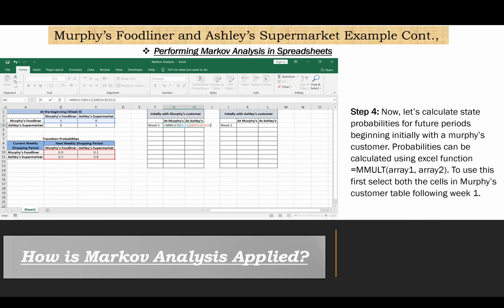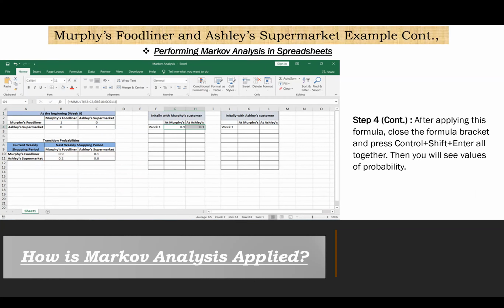To use this, first select both the cells in Murphy's customer table following week 1. After applying this formula, close the formula bracket and press Ctrl-Shift-Enter all together. Then you will see the values of probability.